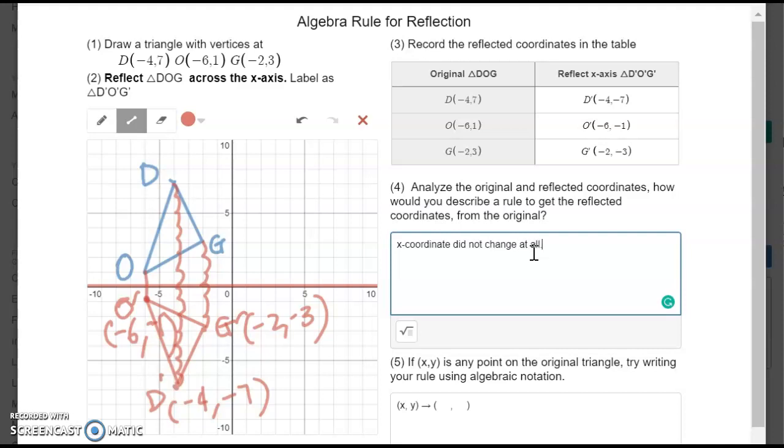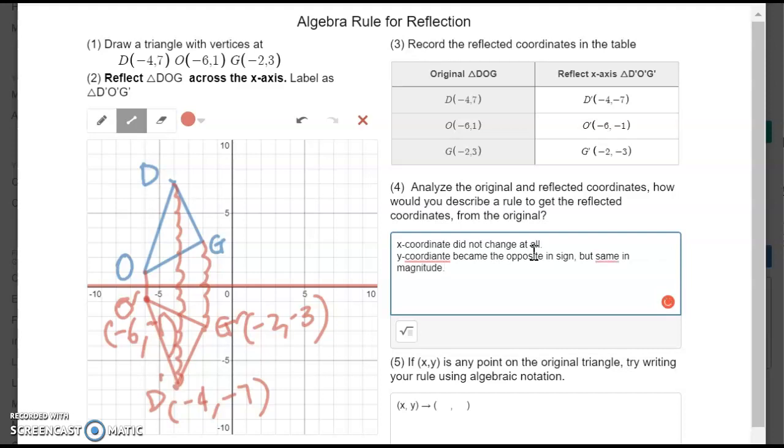Okay, but what about the y coordinate? Look what happened to y. 7 became -7, 1 became -1, and 3 became -3. So it became opposite in sign, but same in magnitude.